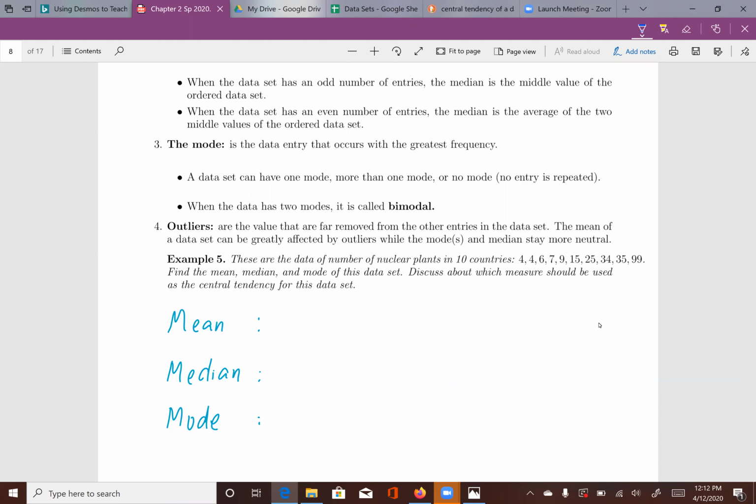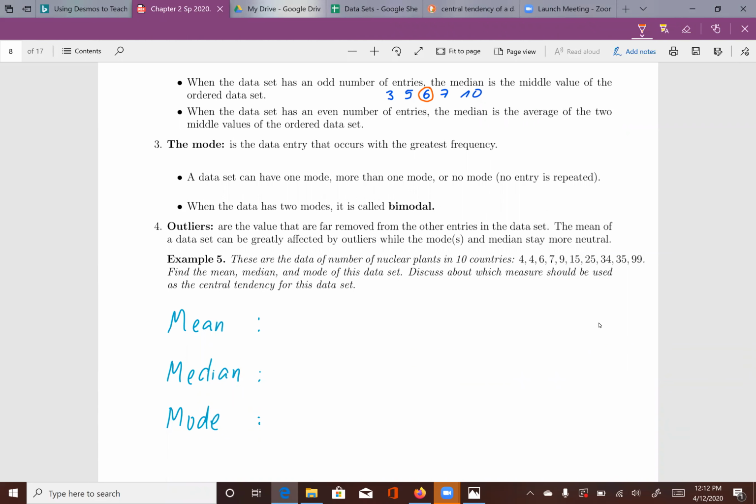For example, if I have 5 values in my data set, let's say they are 3, 5, 6, 7, and 10. Since this data set is already ordered in ascending order, I just pick the middle value as my median, and the middle value is 6.